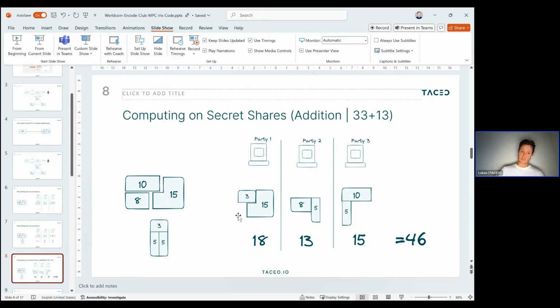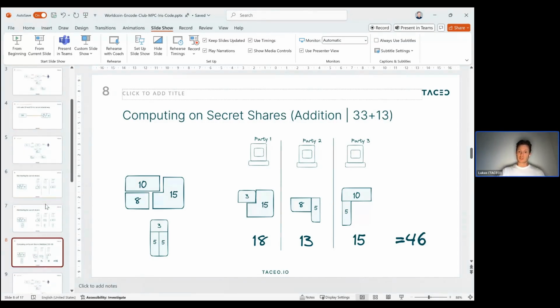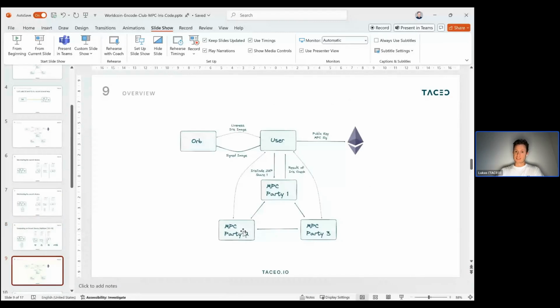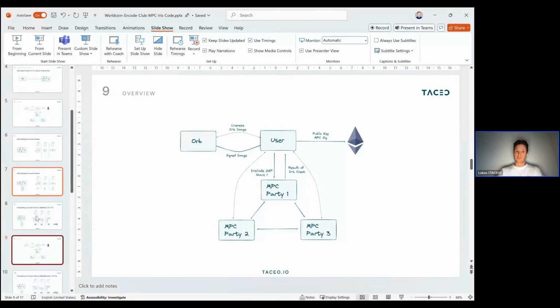But if they get combined together, like at the user's device, it results in 46, which is obviously the right number. So for doing additions, it is a very elegant scheme. Here we see at the end, the result gets shared to the user, so the user can assemble the numbers again.